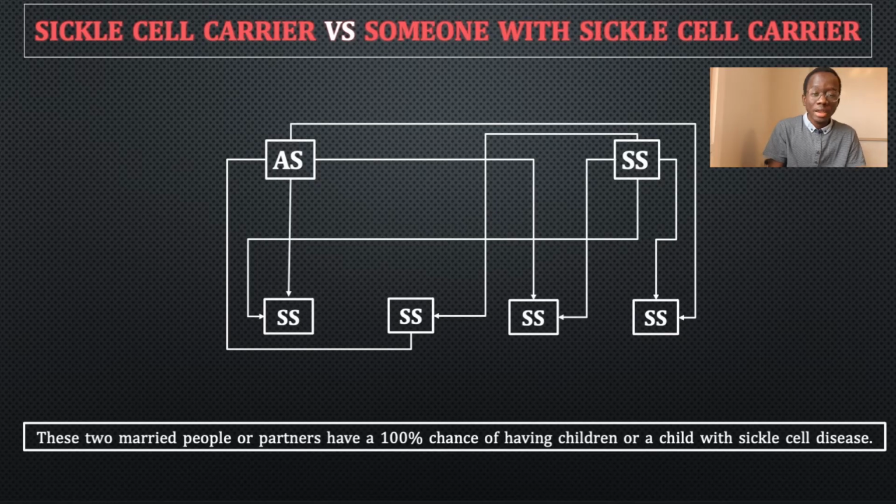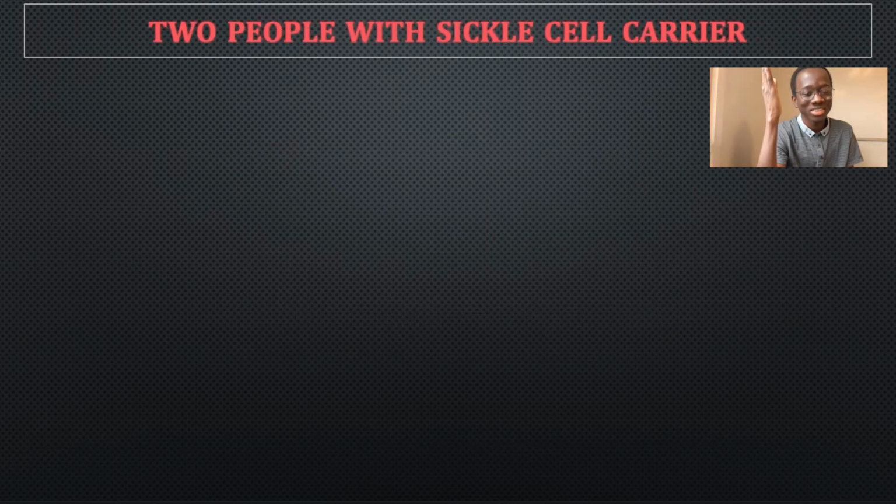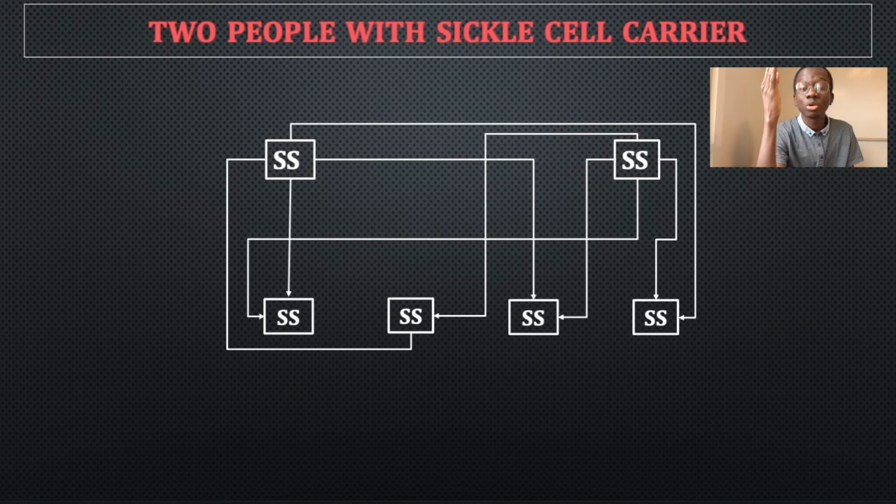So there are a lot of things that have been crossing my mind, like what is my probability when it comes to this? Because with SS and SS, that one is constant: there is a 100% chance of having someone who has the sickle cell disease, and they will end up suffering from the disease like I am.